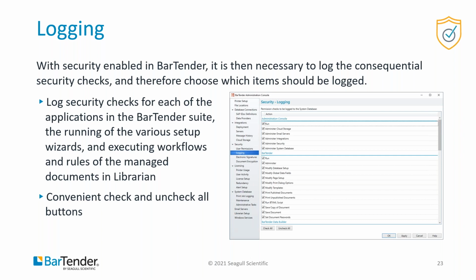So as each user performs actions, we can choose to log those security check actions to the system database. And as we'll see later, we can see what information is logged as part of that process. And you can choose to check all or have none of them selected, or only certain actions that are of importance selected for the traceability log.